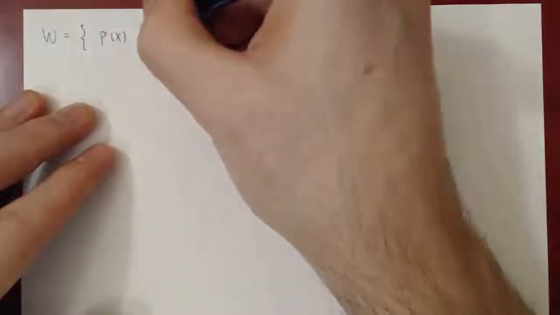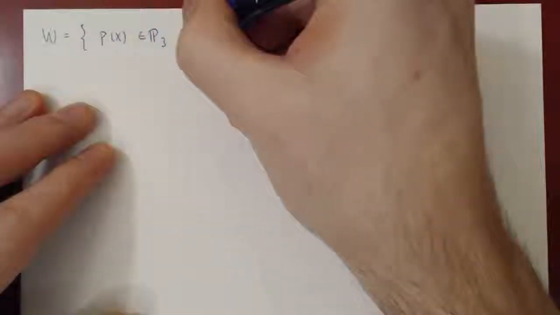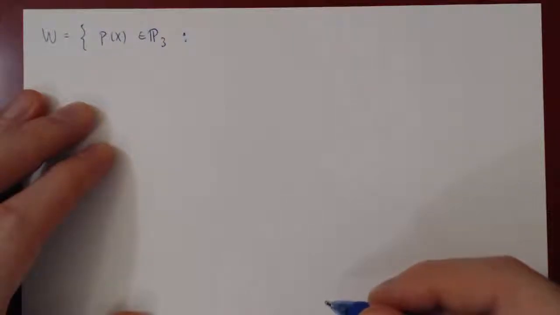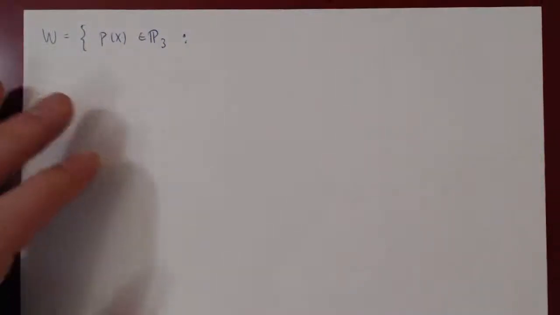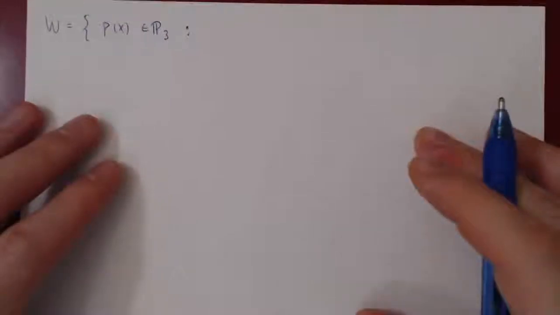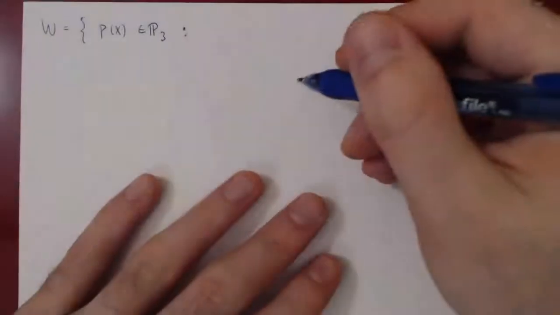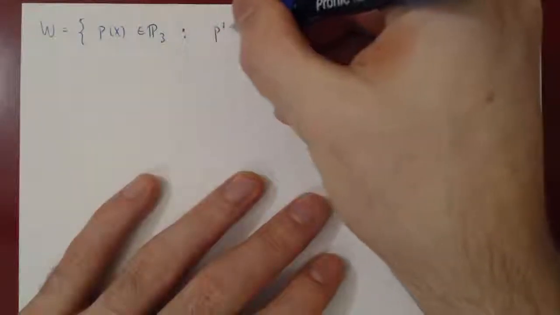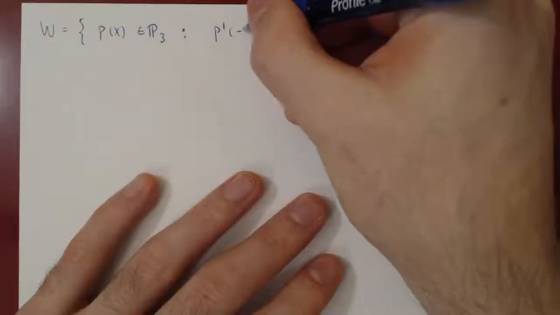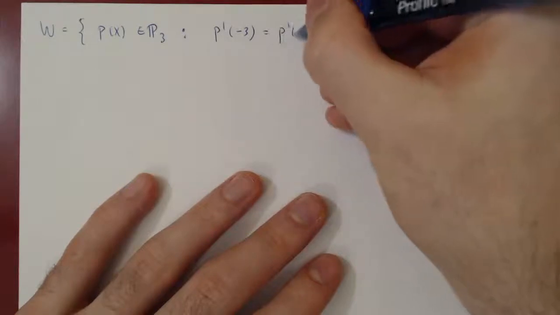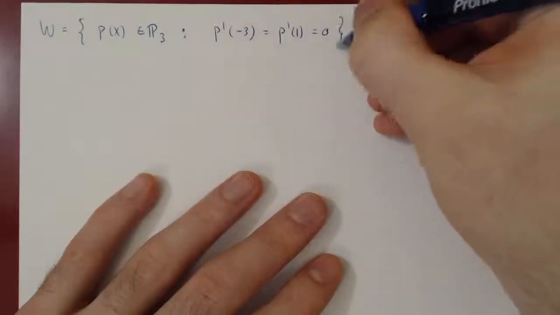It is the vector space of polynomials of degree at most 3, so in P3, where the derivative of P is equal to 0 at x equals 1 and x equals negative 3. So P prime at negative 3 equals P prime at 1, which equals 0.